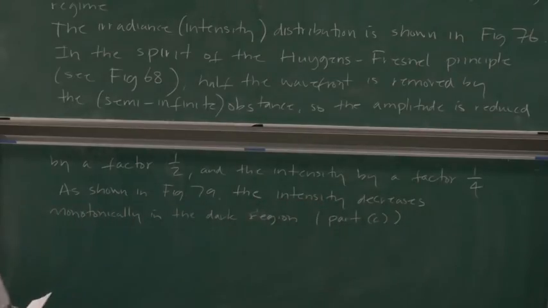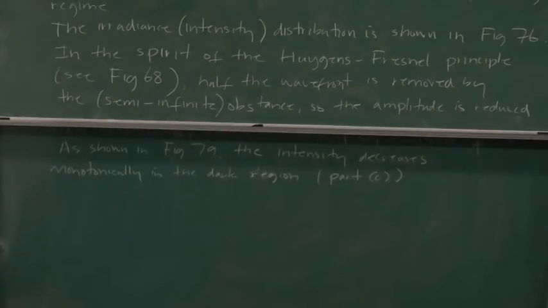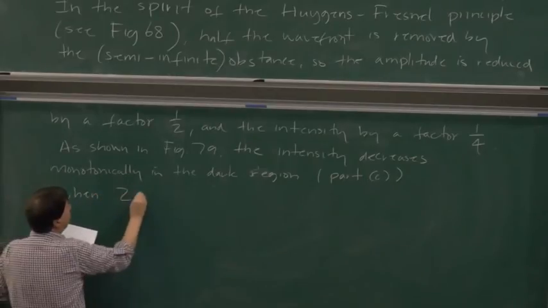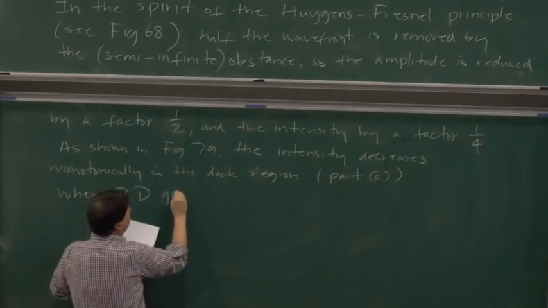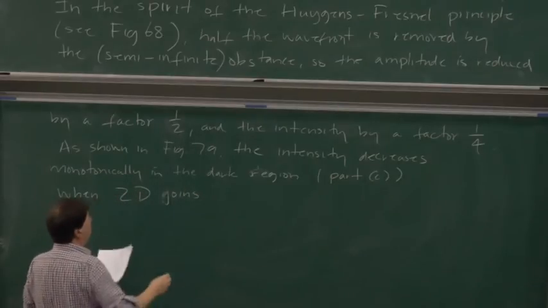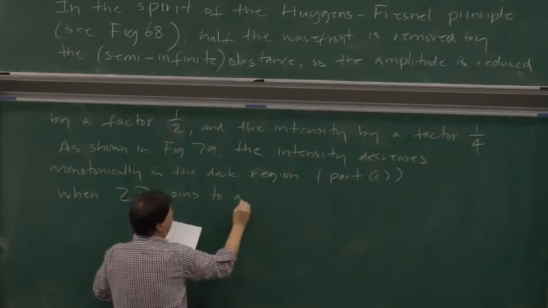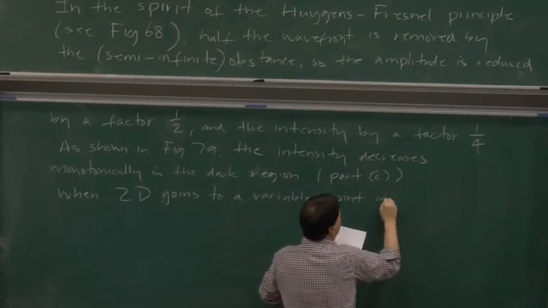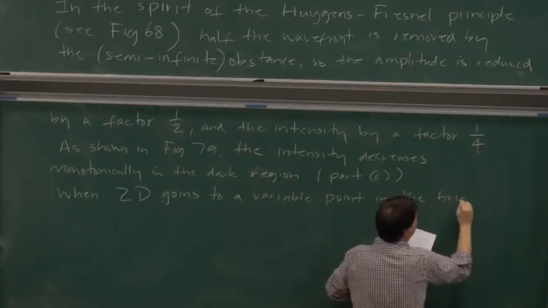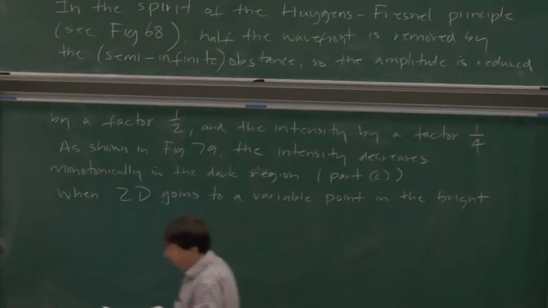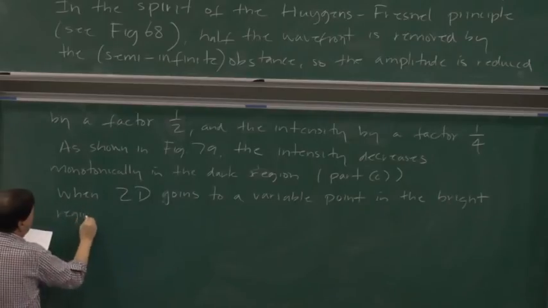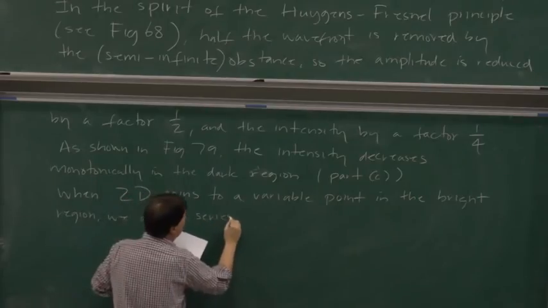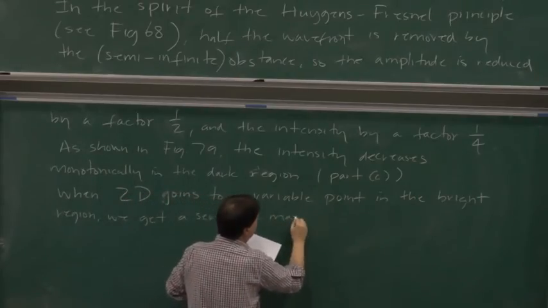And when ZD, and this is referring to the figure, the Cornu spiral figure, when ZD joins to a variable point in the bright region, we get a series of maxima and minima.